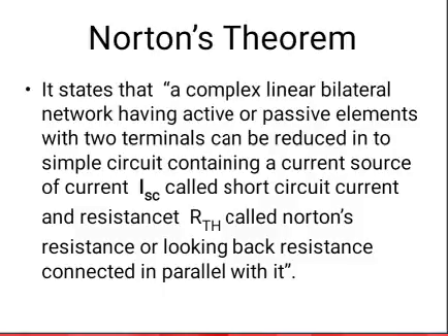It states that in a complex linear bilateral network, having active or passive elements with two terminals can be reduced into a simple circuit containing a current source of current ISC, called short circuit current, that is nothing but Norton's current, and resistance RTH, that means Norton's resistance, connected in parallel with it.